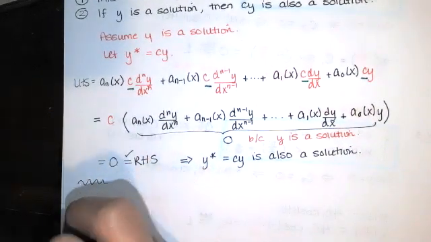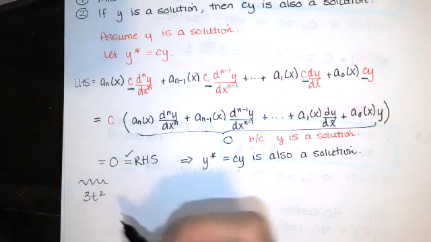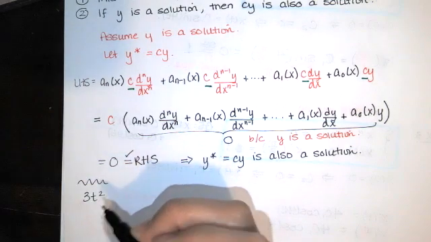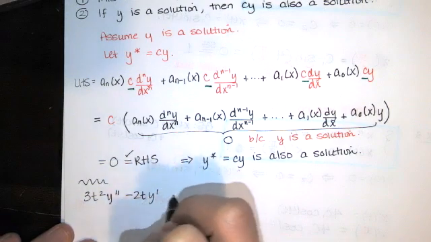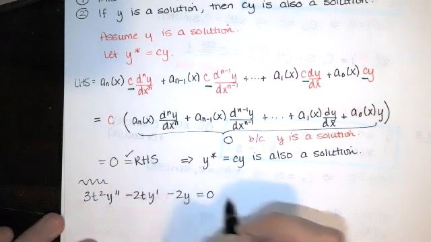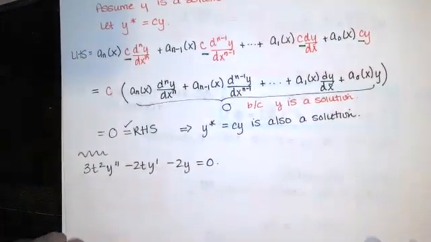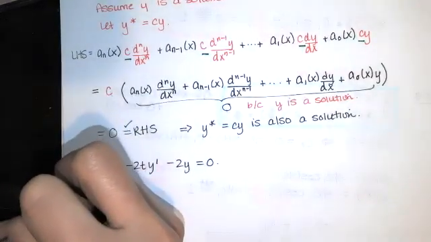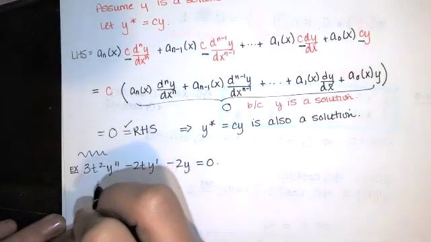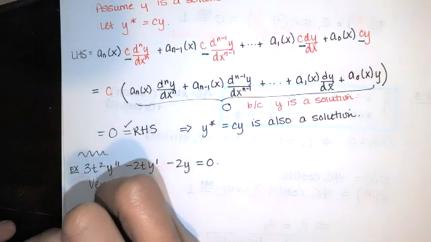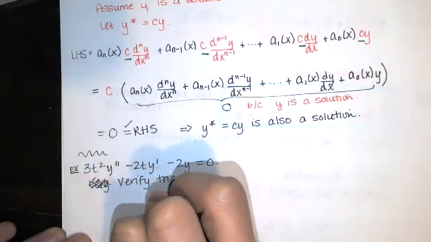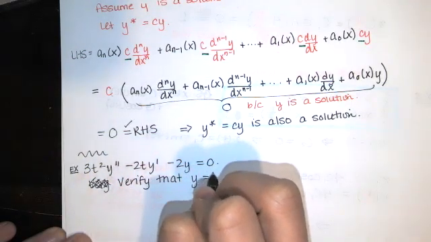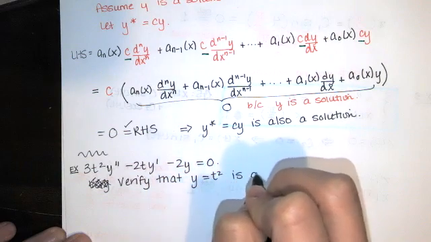So let's say you've got this differential equation, 3t squared times y double prime minus 2t times y prime minus 2y equals 0. Let's say we want to verify that y equals t squared is a solution.